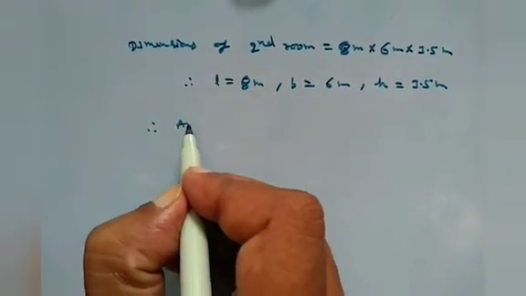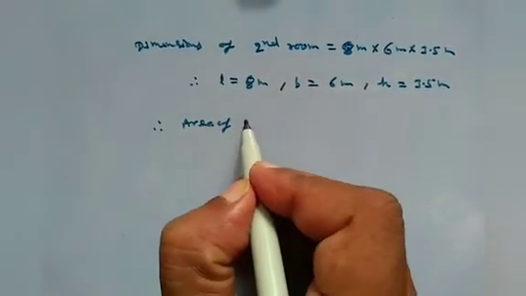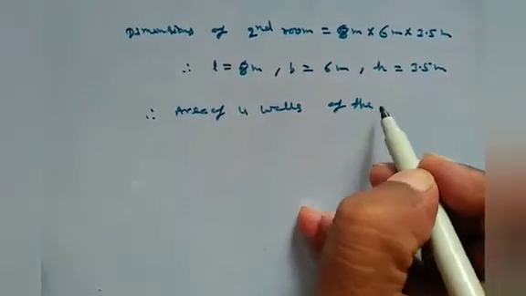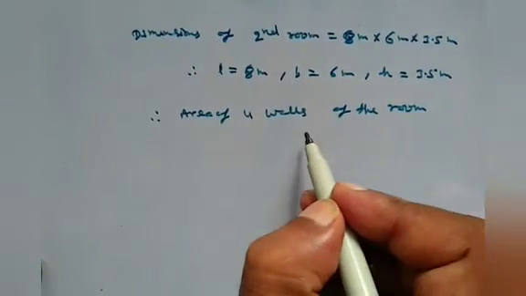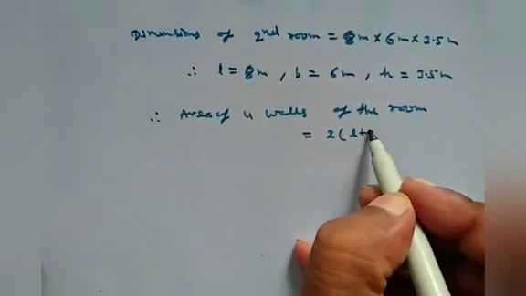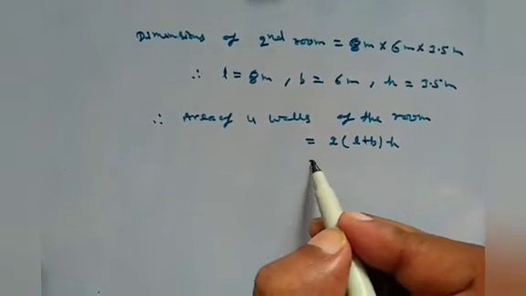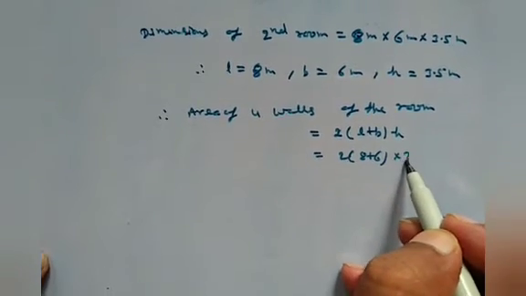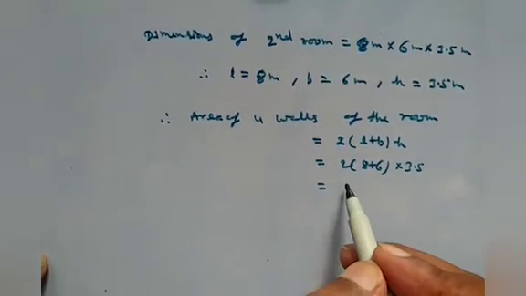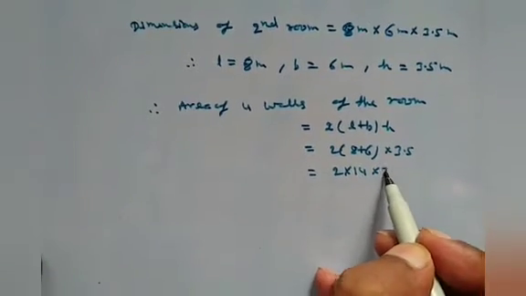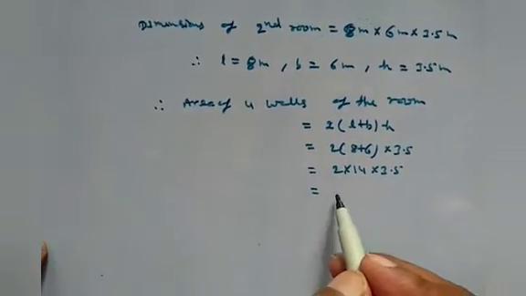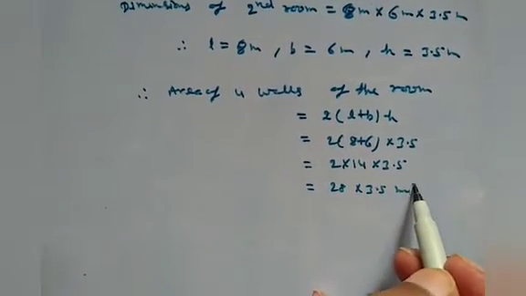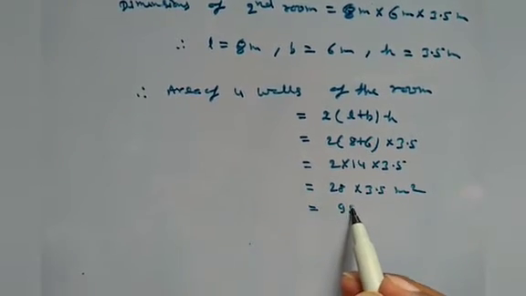So area of 4 walls of the room equal to 2 into (L plus B) into H, equal to 2 into (8 plus 6) into 3.5, equal to 2 into 14 into 3.5, equal to 28 into 3.5 meter square, equal to 98 meter square.